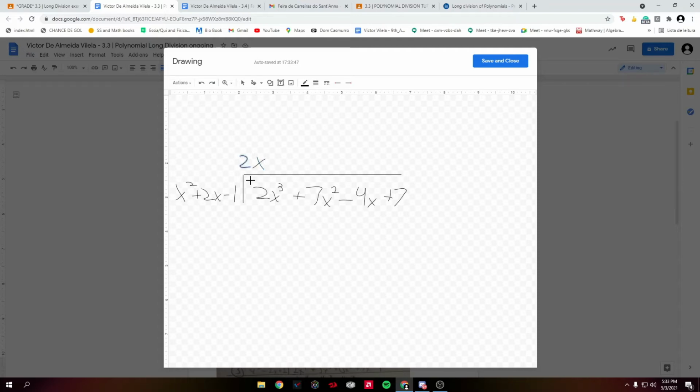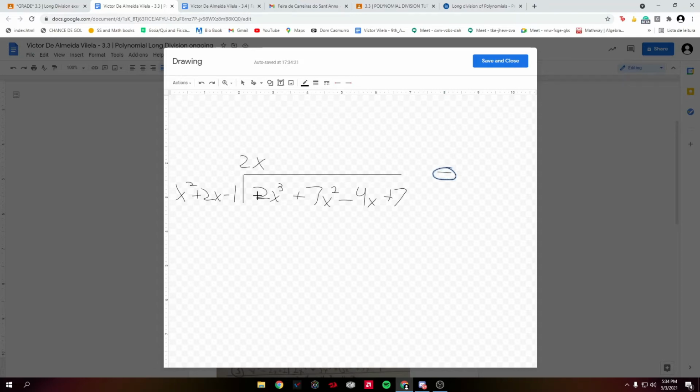So what do we have to do to get from x squared to 2x cubed? x squared times a number is 2x cubed. This number, as I wrote here, is 2x. So x squared times 2x is going to be 2x cubed. But we also have to do this and times negative 1. So times a negative, okay?